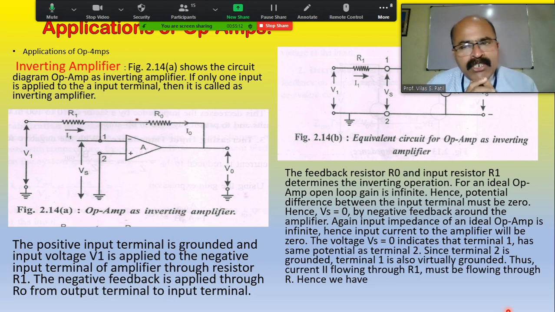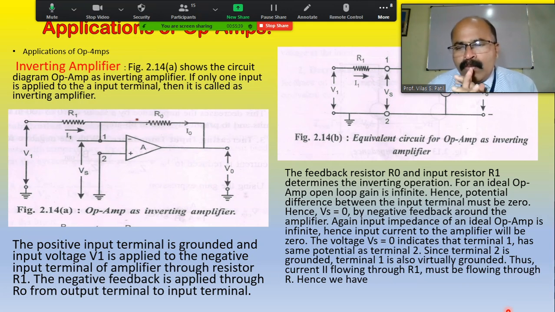Then we are switching toward the different application, and I am talking about the applications of the operational amplifier. We know that operational amplifier can be used to perform different mathematical operations like integration and differentiation. Here, the operational amplifier will be known as a differentiator and integrator.